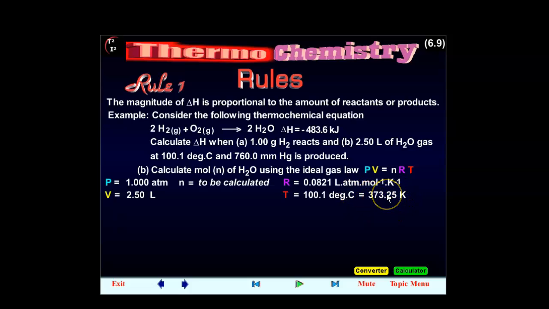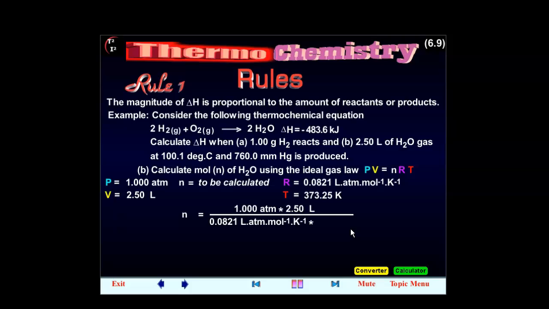Don't forget to convert to Kelvin by adding 273 to whatever Celsius value you are given. n equals PV divided by RT.